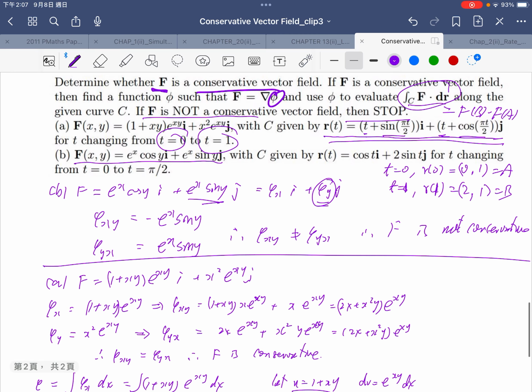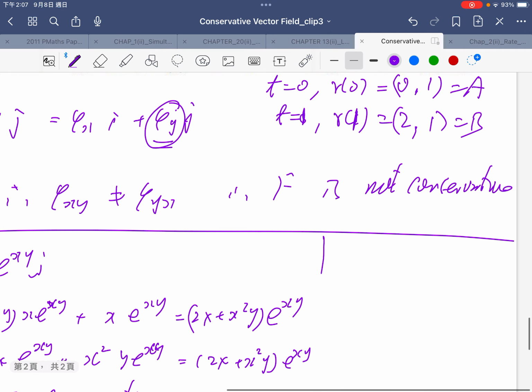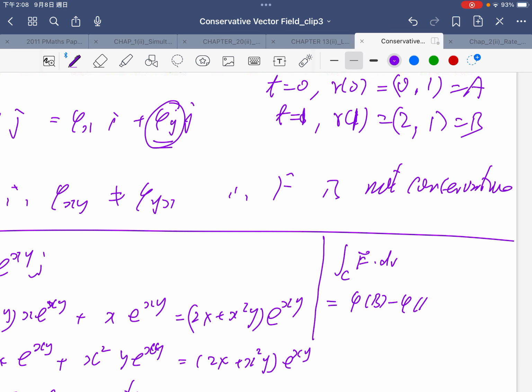Then, I write here. By the fundamental theorem of line integrals, if F is conservative, then the line integral should be equal to phi(B) minus phi(A).